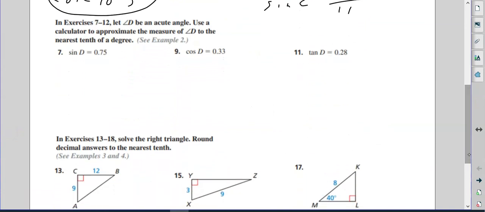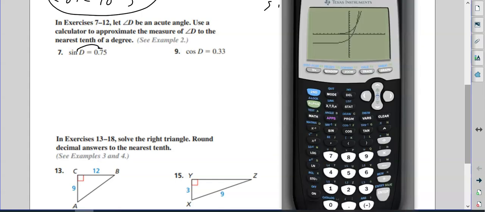All right, let D be an acute angle. Use the calculator to approximate the measure, sorry, just choking a little bit, the measure of angle D. So it says we know the sine is 0.75. So what we're going to do is take our calculator, and we're trying to find the angle, which means we're going backwards. So we're going to do the inverse sine.